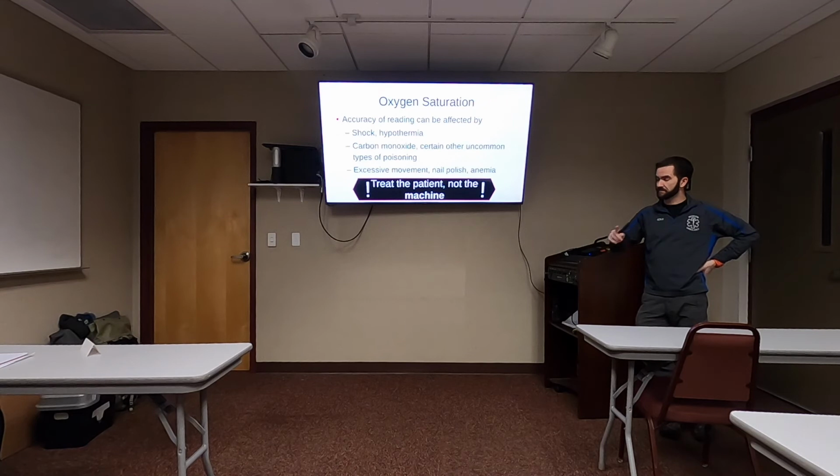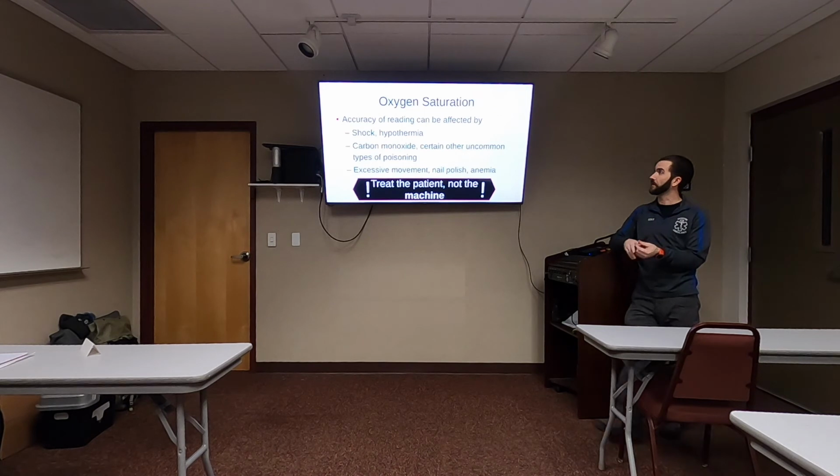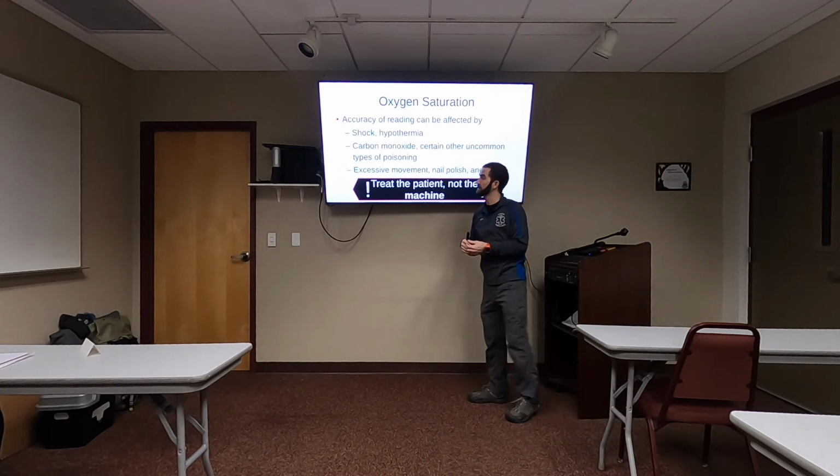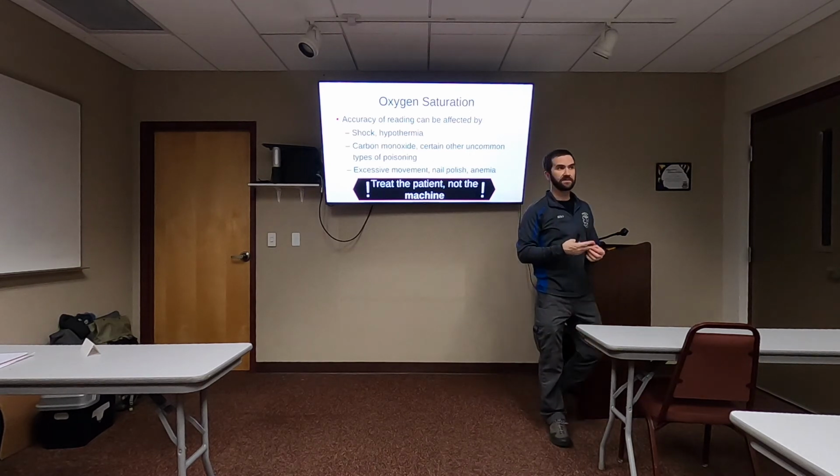So these things are measuring circulation out there in a fingertip. And people that have poor circulation in general, or are in shock or hypothermia, these kinds of things can cause that little sensor to read funny or not read at all.